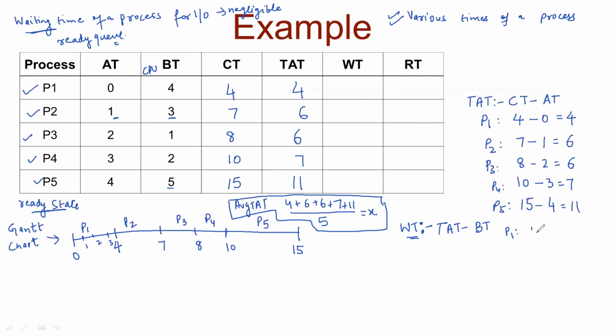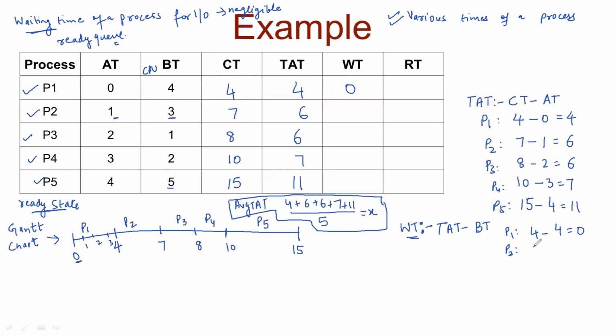Turnaround time of P1 is 4 and burst time is 4. So waiting time is 0, which is also very true, as you can verify it from Gantt chart. The arrival time of process P1 was 0, and as soon as it arrived, it was allocated to CPU. It did not wait in ready queue. So its waiting time is obviously 0.